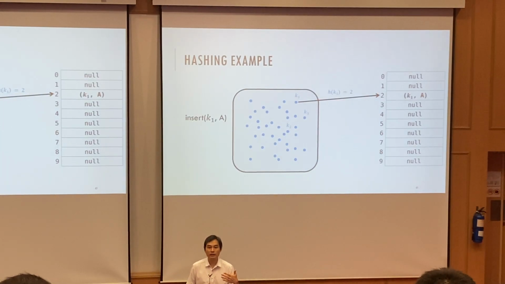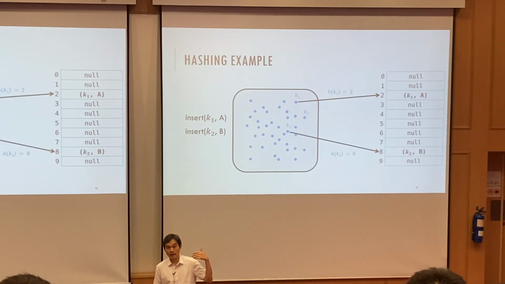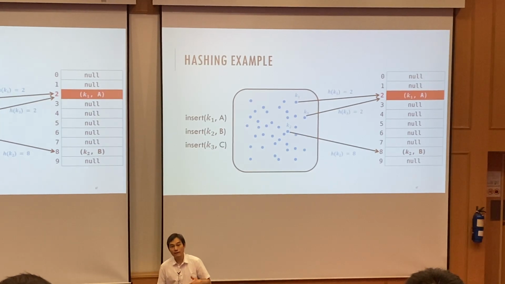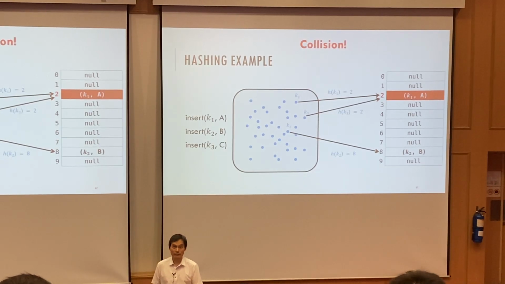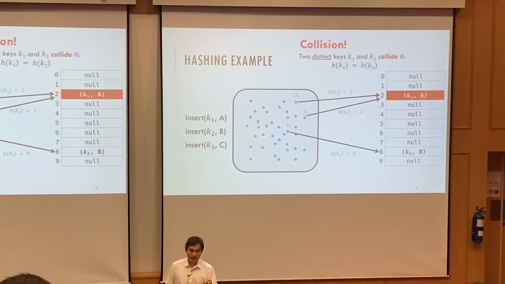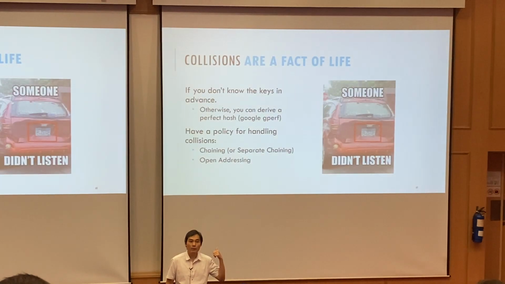Imagine the hash function tells you 2, so you put that in bucket 2. You hash K2, which is key number 2, and that tells you 8, so you put it in 8. If you hash K3 and it also tells you 2, then you have this collision problem. Remember we talked about? Two distinct keys, K1 and K3, collide if the hash function gives you the same bucket. So we have to deal with collisions, and we learned about 2 ways to deal with collisions.